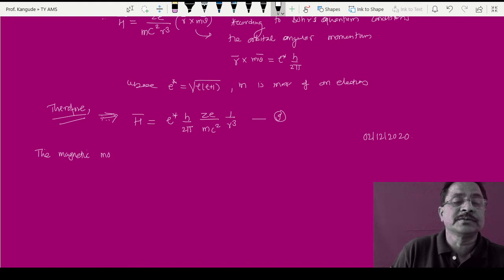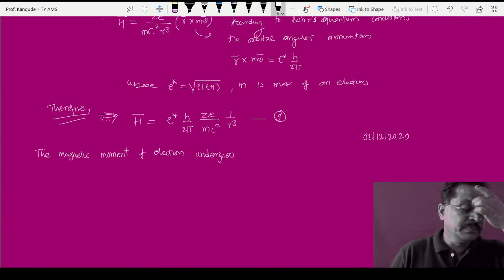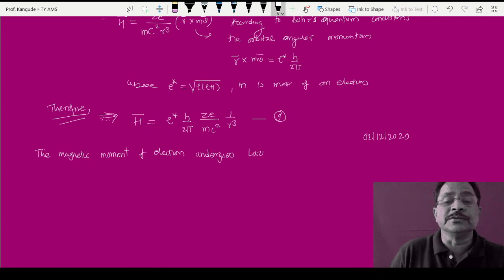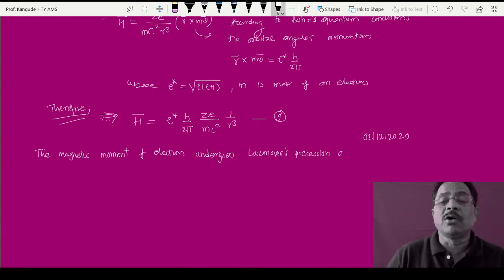Magnetic moment of electron undergoes Larmor precession around the direction of magnetic field, around the direction of H bar. Okay, magnetic field is, that is the H bar.